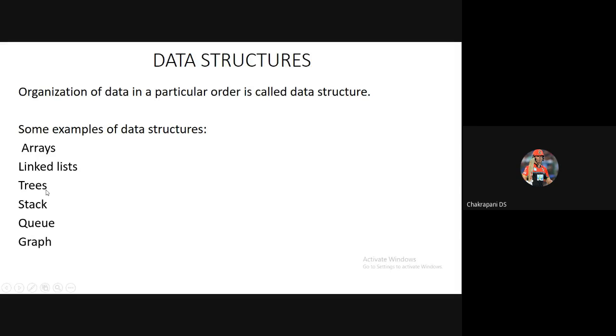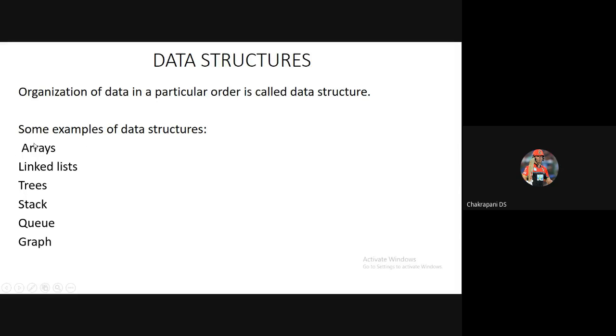Now, these two data structures, stack and queue, can be created either using arrays or using linked lists. So remember, the very important data structures which we are going to study are these two: arrays and linked lists.